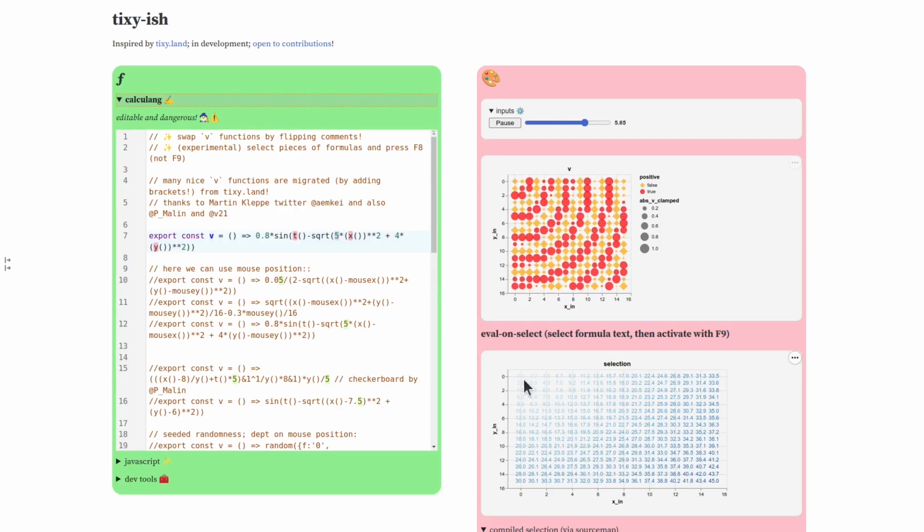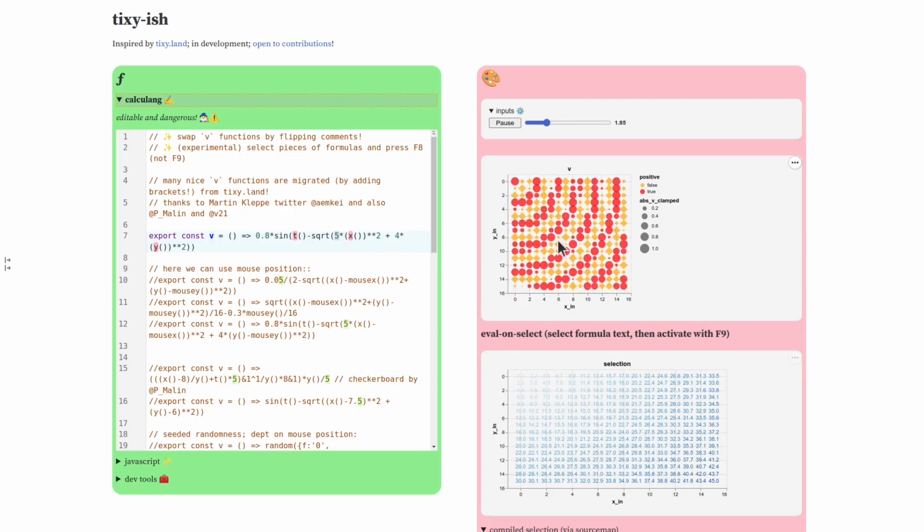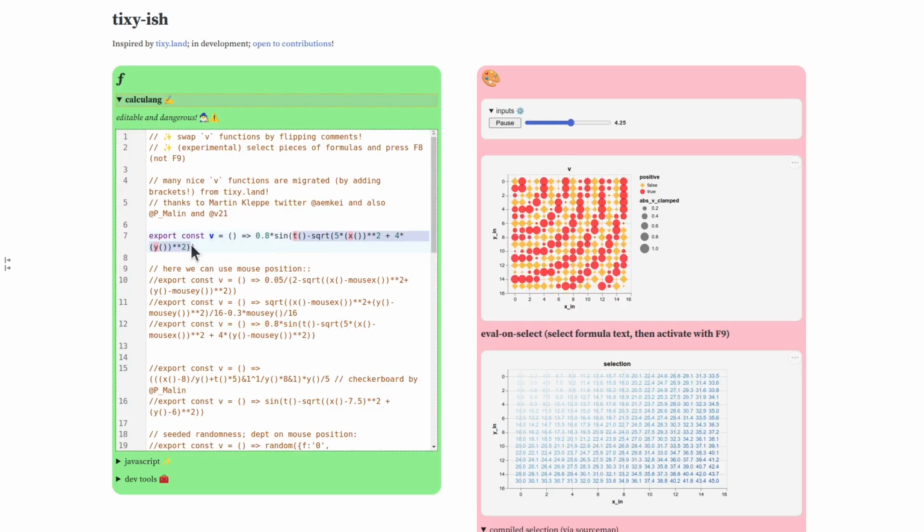But we can see that it's driving these arc shapes. But why do we get red and yellow and red and yellow? Well, we're taking a sine function, and the sine function is bounded between -1 and 1, and it's cyclical.